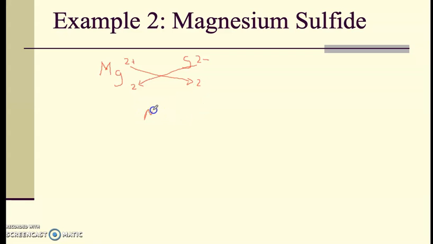So it becomes Mg2S2. Then you want to reduce. You can divide each one by 2, so it's going to equal MgS. And that's it. Simple as that. Just cross over the charges and reduce when necessary. Trying to keep this simple.